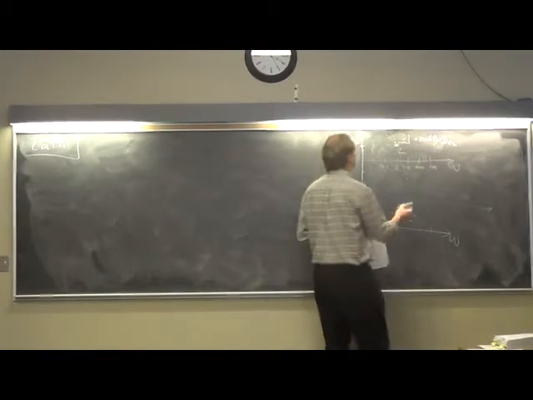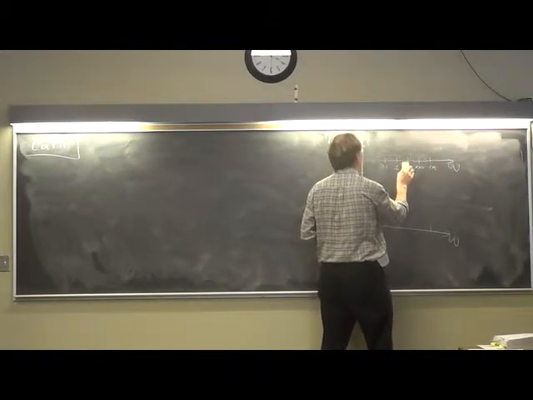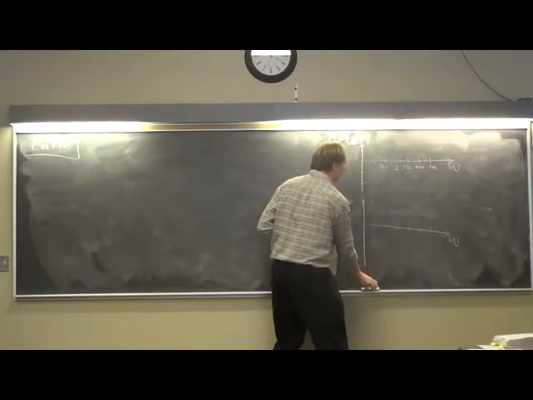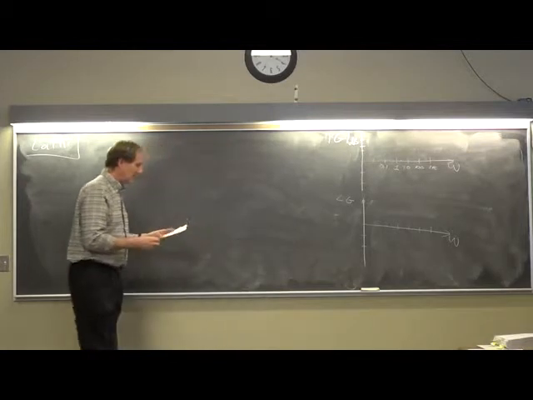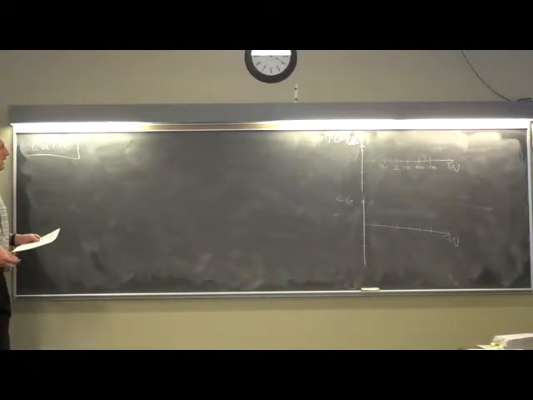Hearing none, try to reuse this carefully drawn Bode plot, set of axes, and talk about what happens when the real root of the polynomial is not at the origin.